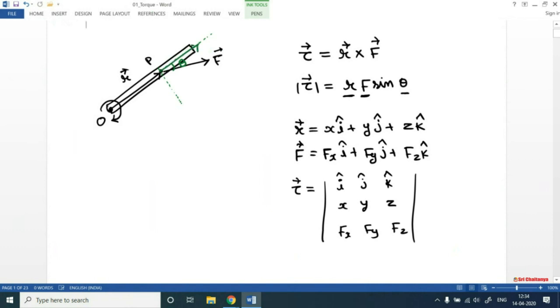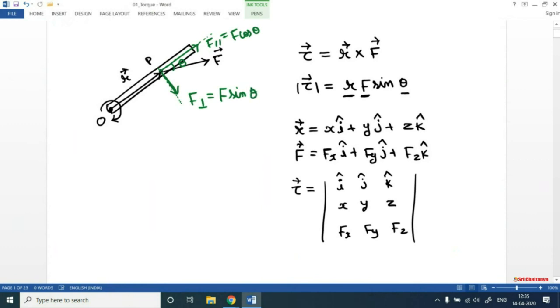So this component is going to be F parallel, which is equal to F cos theta, and this component is F perpendicular, which will be equal to F sine theta.